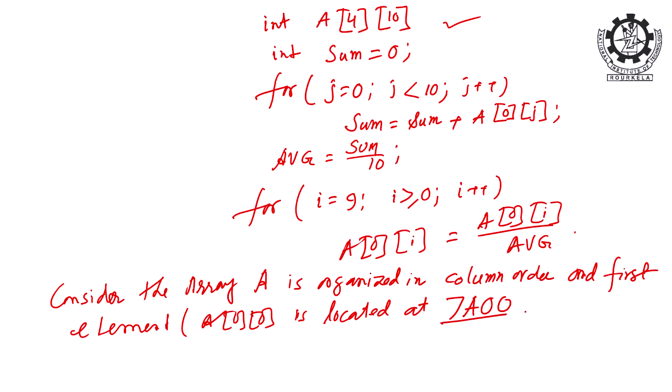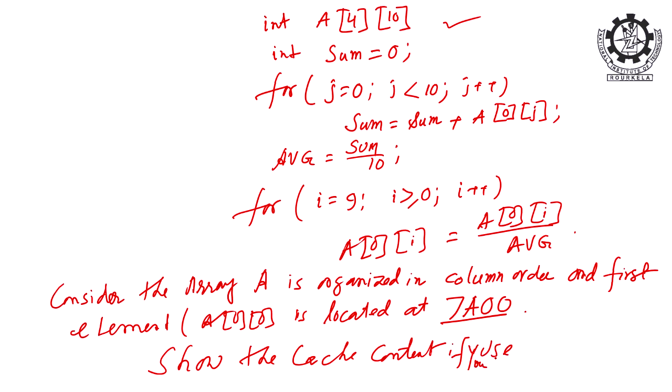What you have to do, you have to show the cache content, if we use different mapping along with LRU replacement policy, okay.